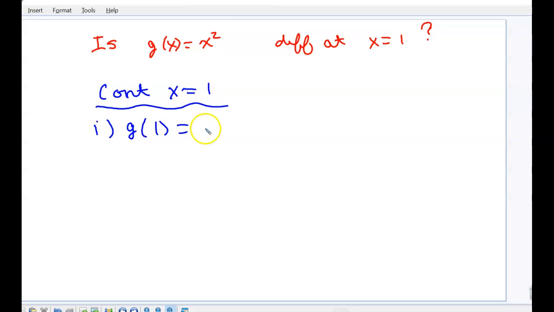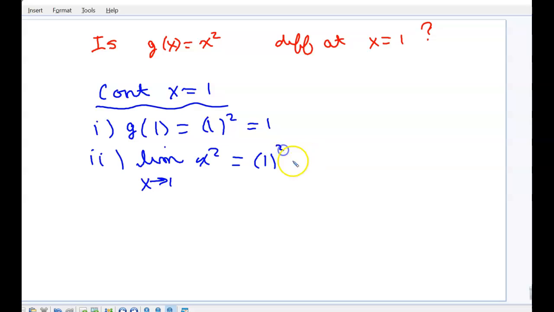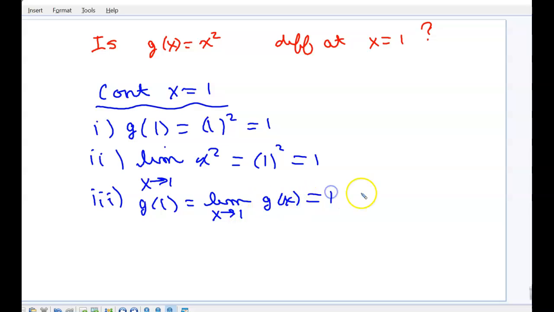The value of the function at 1 is going to be 1 squared, which is 1. The second thing we have to show is there a limit as x approaches 1 of the function x squared? The limit is 1, so therefore, by our definition of continuity, since g(1) is equal to the limit as x approaches 1 of g(x) equals 1, therefore it is continuous at x equals 1. So we've proven that it's continuous.